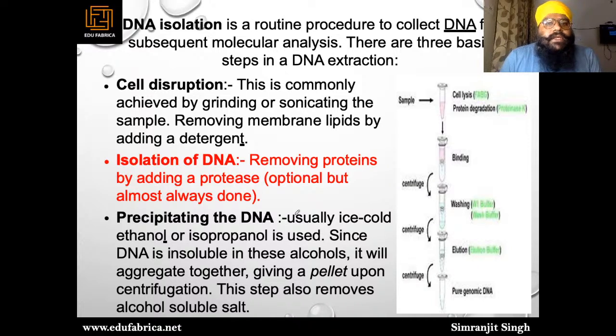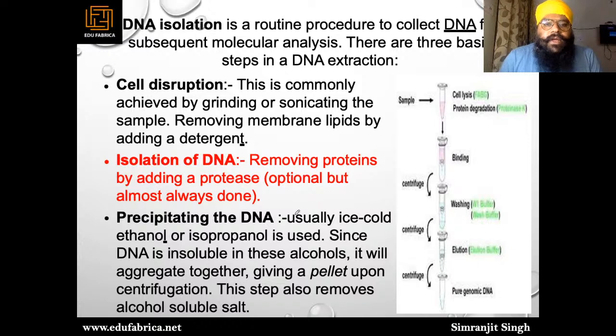So there are 3 basic steps in DNA extraction: cell disruption, isolation of DNA, and precipitating the DNA. Cell disruption is commonly achieved by grinding or sonicating the sample, and removing membrane lipids by adding a detergent.